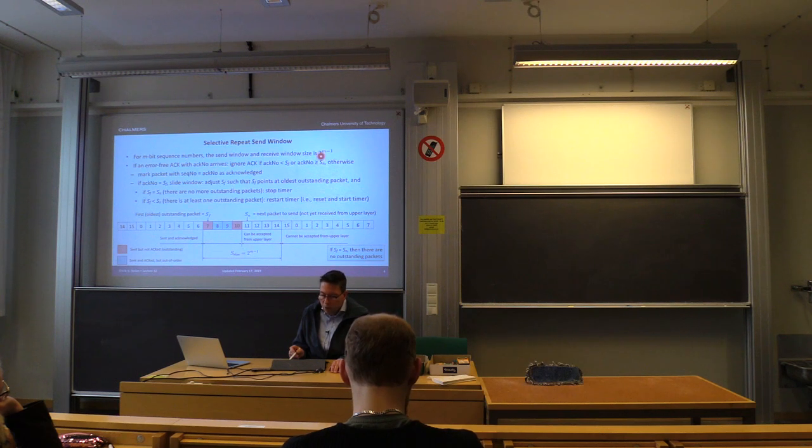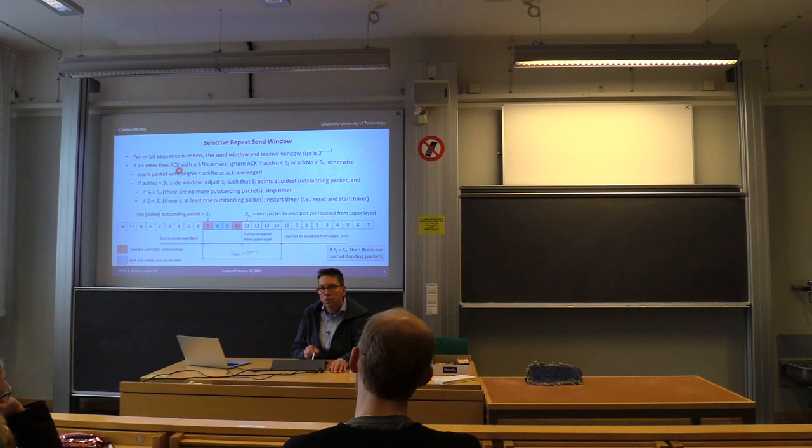Okay, so what do we do at the sender here? Well, first of all, we need to decide what to do when we get an ACK. If we get an ACK with errors in it, we throw it away. If we get an ACK frame which seems to have bit errors in it, we don't trust it and we throw it away. If we have an error-free packet with a certain acknowledgement number, then we ignore it if it's outside the window of interest.